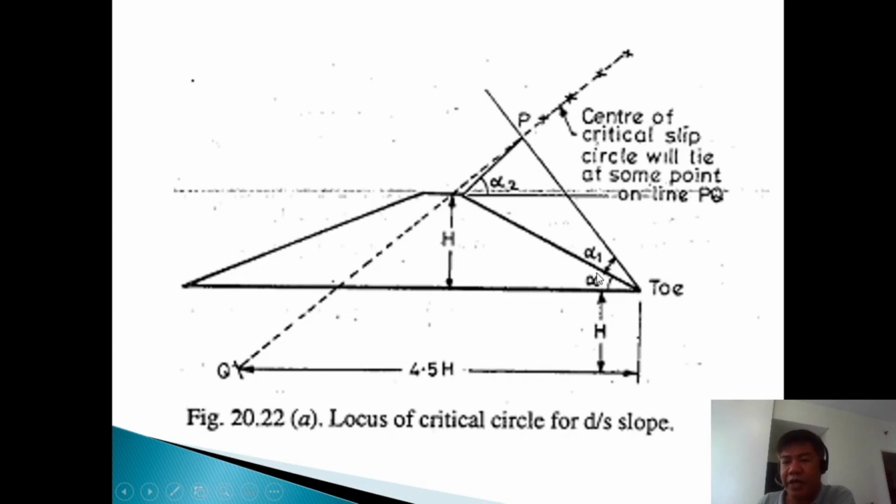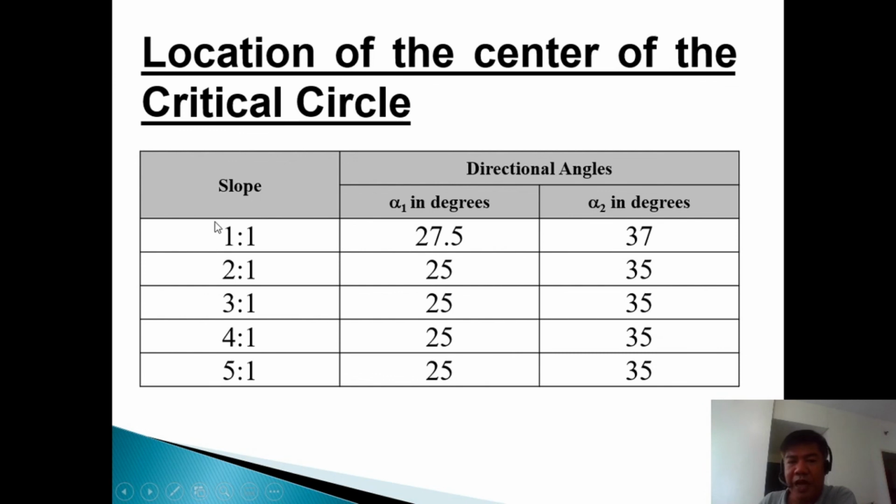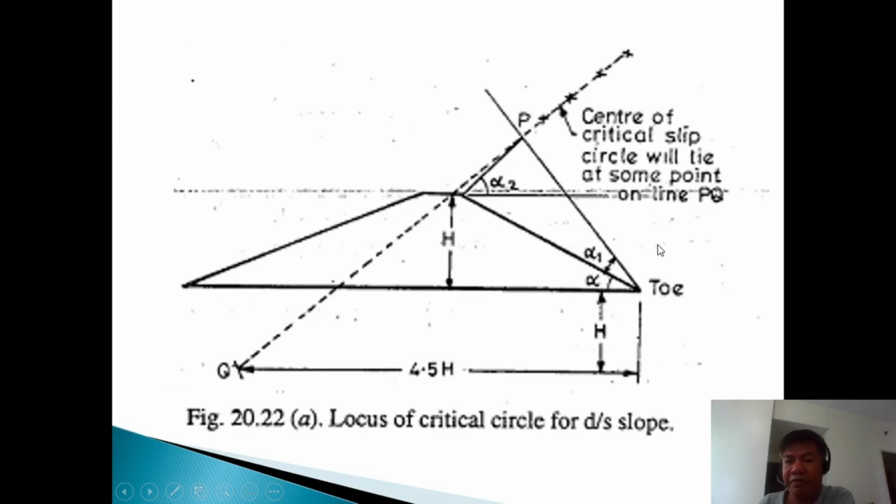You can see you have the alpha here based on the slope. If you go back to the previous slide, if the slope is 1 to 1, you are going to use alpha 1 of 27.5 and alpha 2 of 37. Where are alpha 1 and alpha 2? This one is alpha 1. If the slope is 1 to 1, you draw manually alpha 1, which is 27.5, and draw a line at 27.5 degrees.